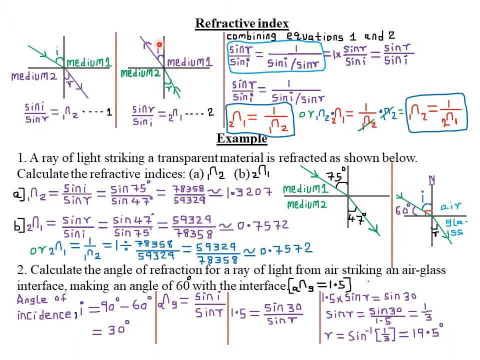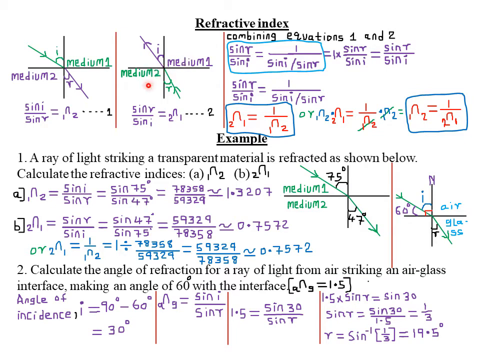Therefore, when we talk of Snell's law, that sine i divided by sine r should be equal to a constant, remember that the angle of incidence in this case is r. Therefore, the sine of the angle of incidence, which is r, divided by the sine of the angle of refraction, which is i, should be equal to the refractive index of this particular ray moving from medium 2 relative to medium 1.